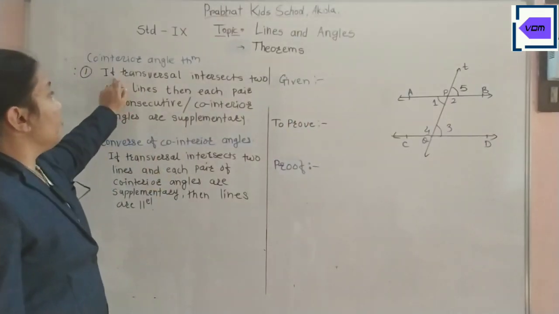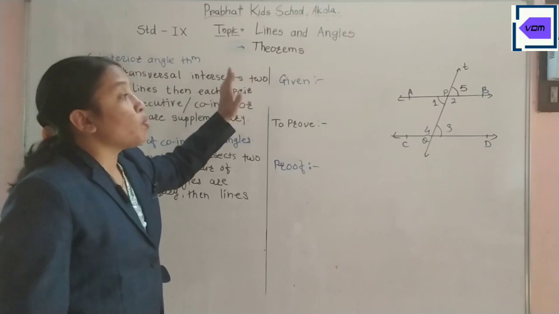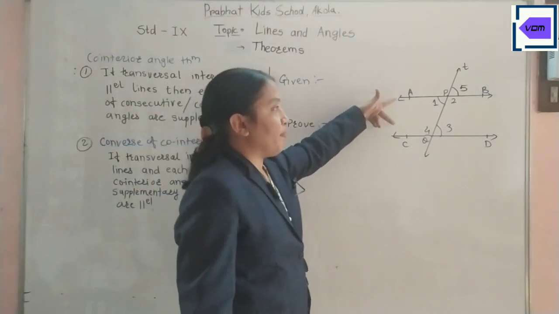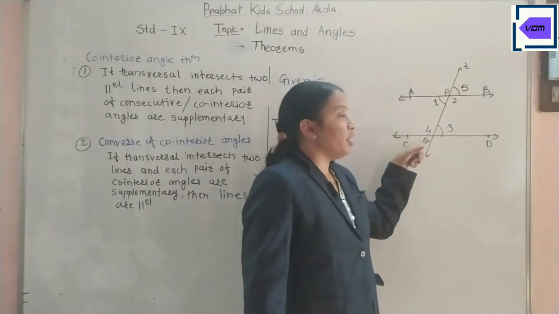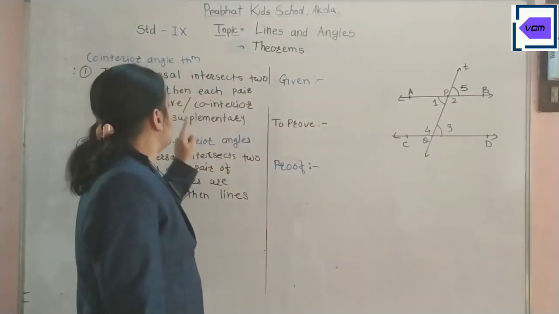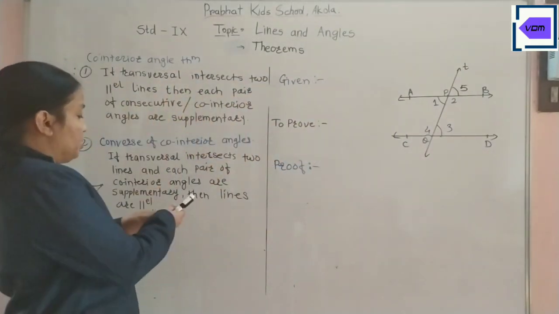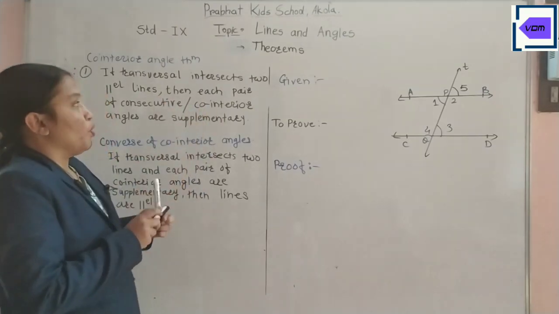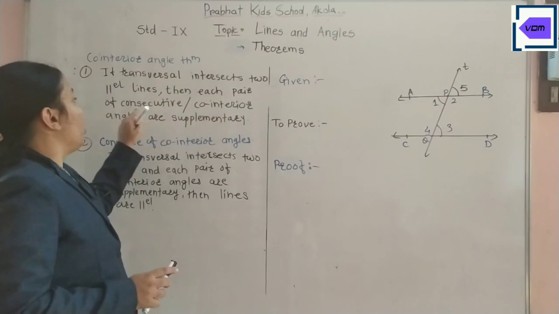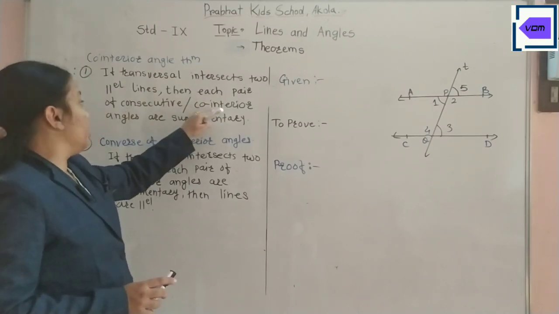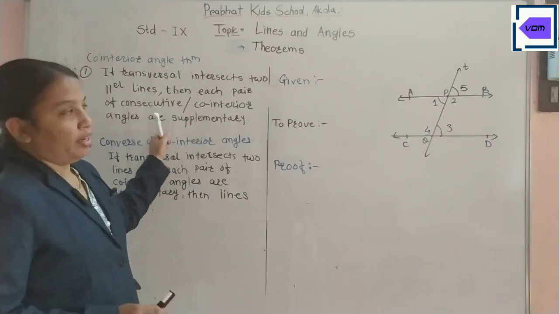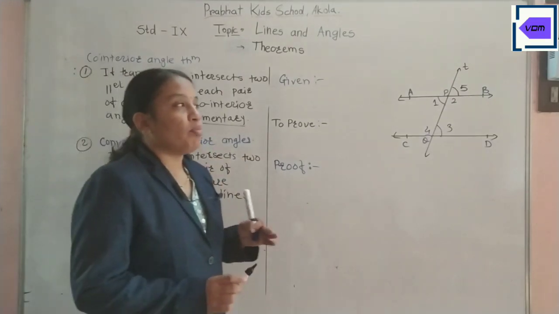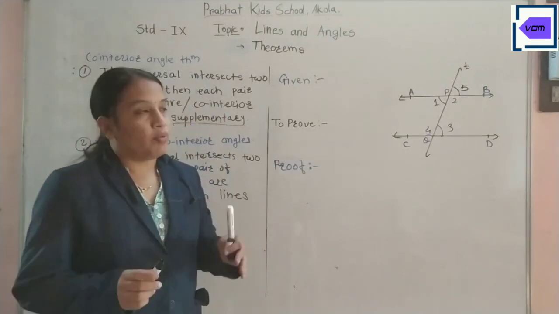Now the theorem: if a transversal intersects two parallel lines, meaning given that these two lines are parallel and a transversal is intersecting them, then, the statement after then is what is to be proved, each pair of consecutive or co-interior angles are supplementary. Now what is meant by supplementary? Supplementary means the sum of the two angles should be 180.